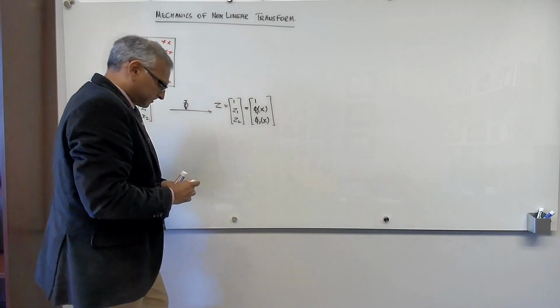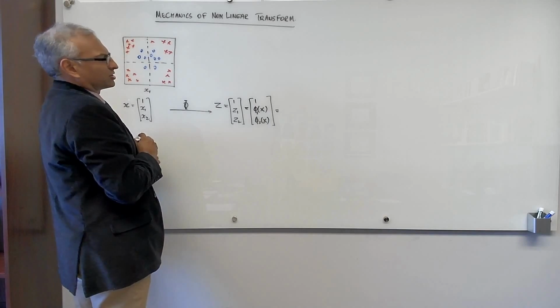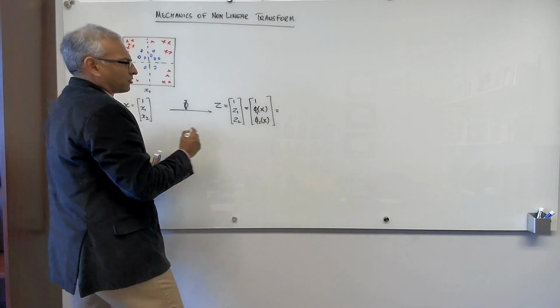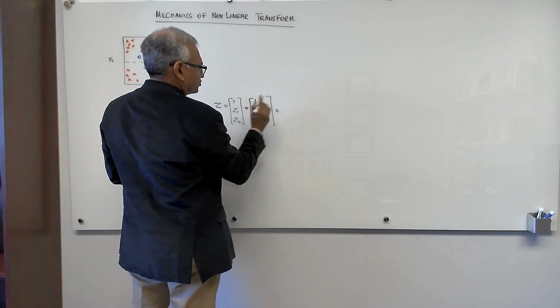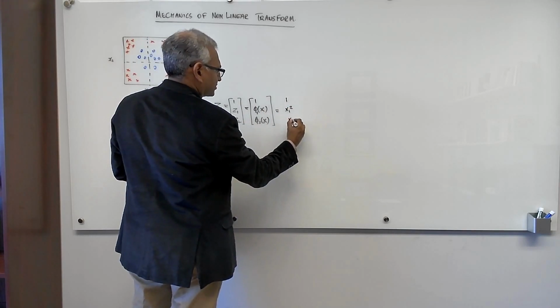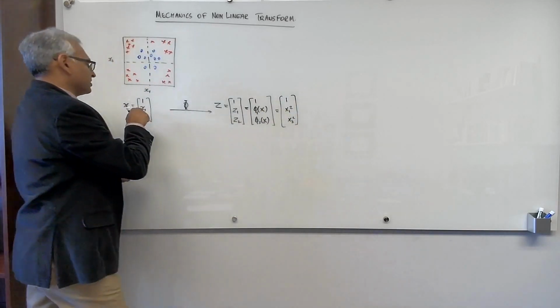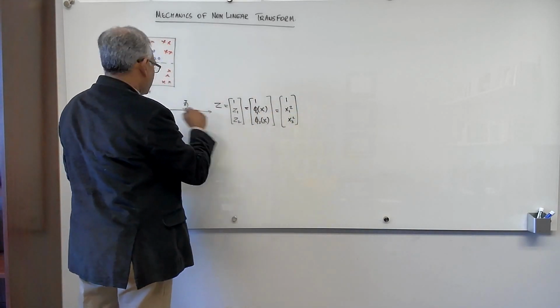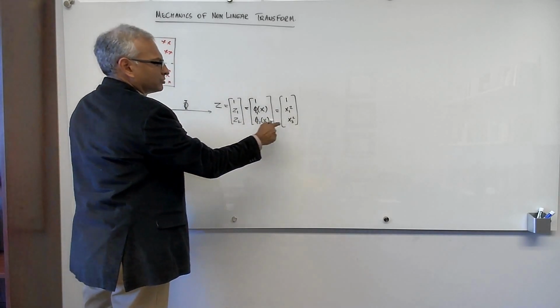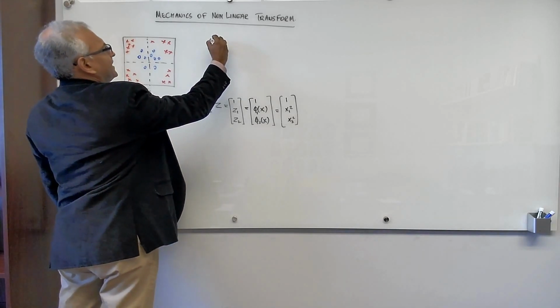All right. For this particular transform, just to illustrate, I'm going to choose z1 equals x1 squared and z2 equals x2 squared. So phi 1 of x happens to depend only on x1, it's x1 squared. Phi 2 of x depends only on x2, it's x2 squared. Let's see what happens to my data.